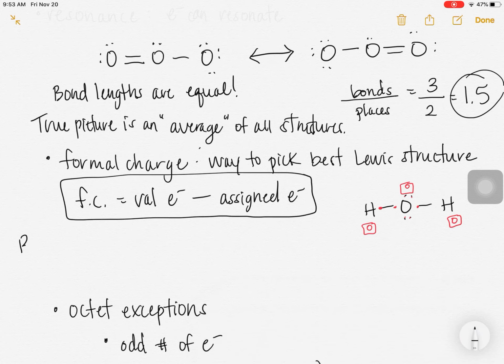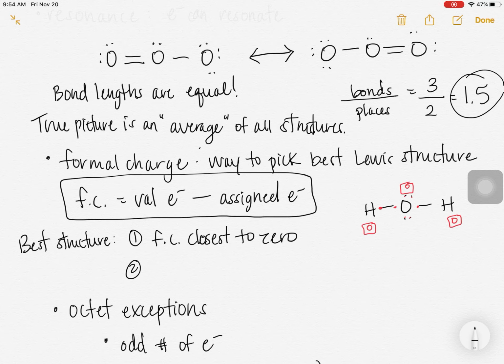And then the way we pick between Lewis structures, so the best structure, first and foremost, has formal charges closest to 0. So that's why the water structure is what it is, because it has all 0 formal charges.